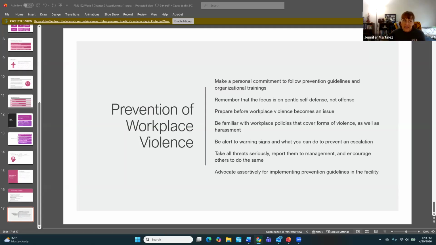And you always want to advocate assertively for prevention guidelines in your facility. Like I said, this could be making sure that there is enough security. I think one of the worst things we had, I worked for a facility during COVID, and we were initially part of a hospital system. If we had an issue with the facility, we could dial hospital security, and they would come.